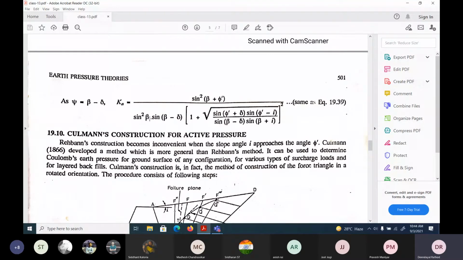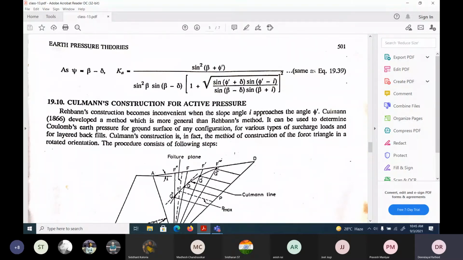This is also Culmann's construction for active earth pressure. Culmann's theory is more general, better than this Rebhann's. The Rebhann construction becomes inconvenient when the slope angle i approaches phi.